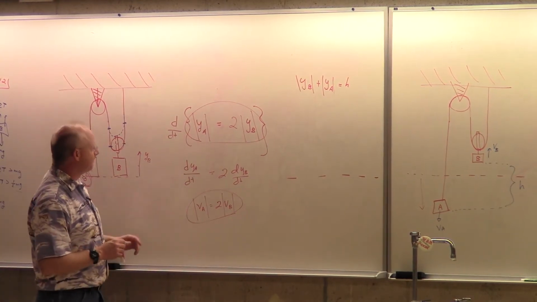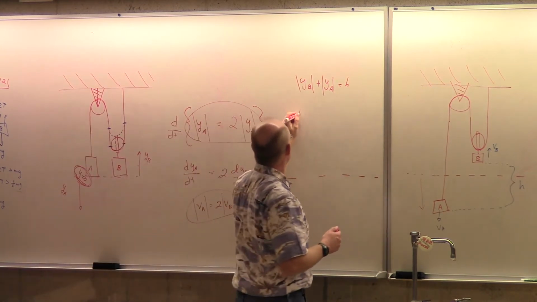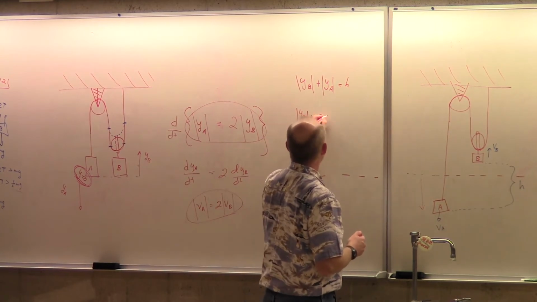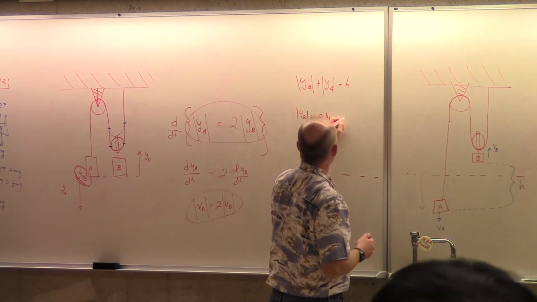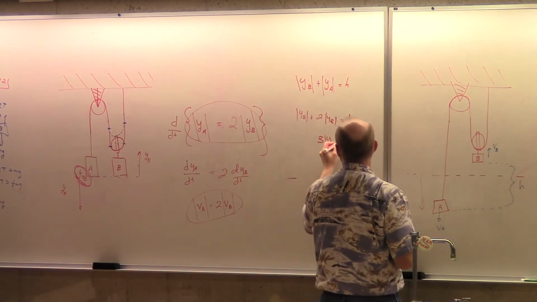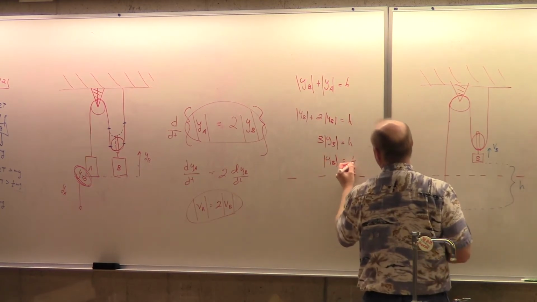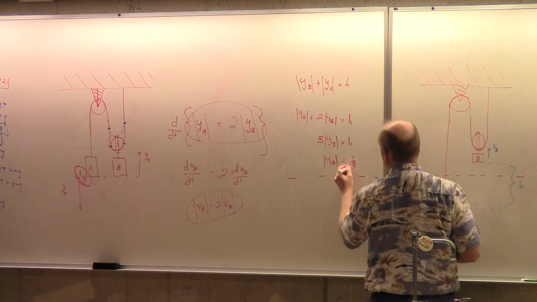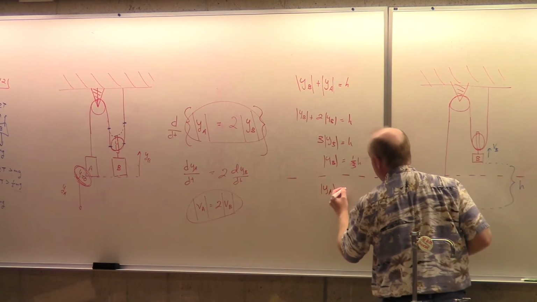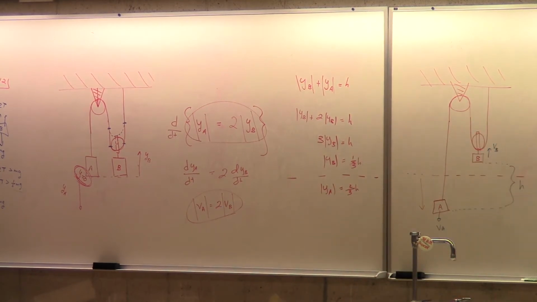So realizing that, then I can come over here and make some substitutions and say, okay, the absolute value of b plus twice the absolute value of b is h, or put another way, 3 absolute values of b is h, or the absolute value of b is 1/3 h, which means then the absolute value of a is 2/3 h, right?